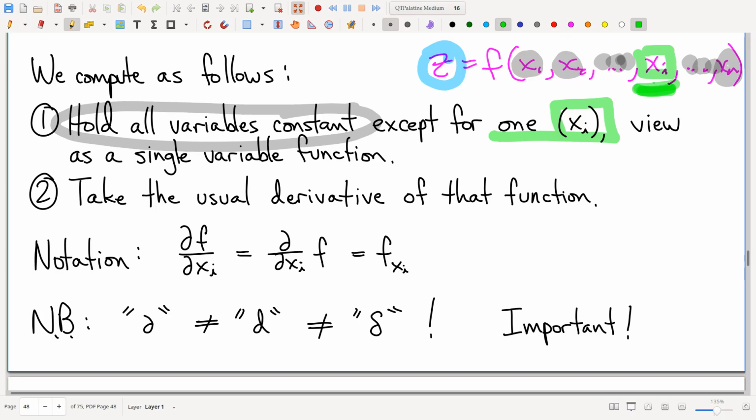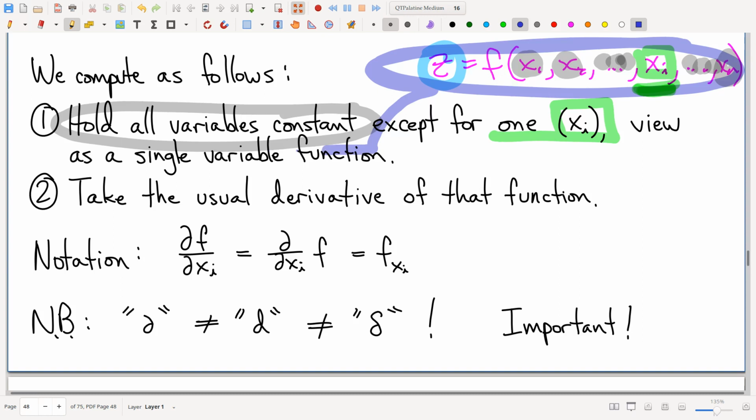I now have a single variable function as a result. It's one of these tree-falls-in-the-woods kind of things. If I have a bunch of variables but they're not allowed to change, are they variables anymore? They're really not variables anymore. They're just constants, right? So this is a single variable function in effect.